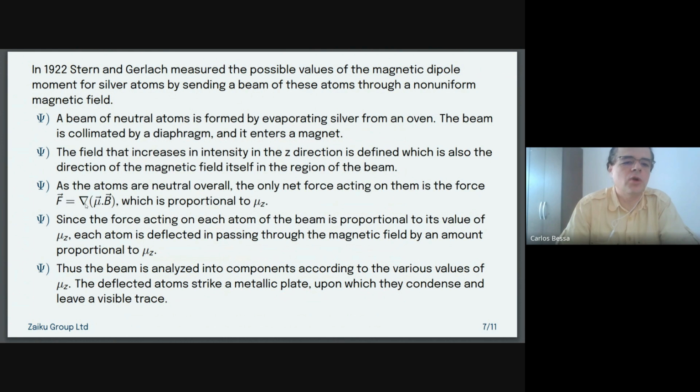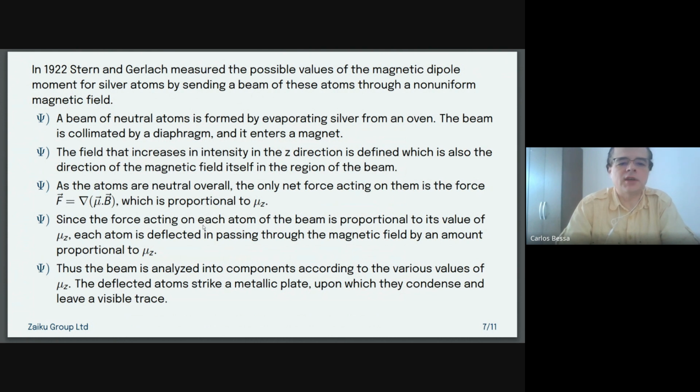If we consider only the z direction, where the magnetic field is applied, we'll have the force proportional to the z component of this vector.